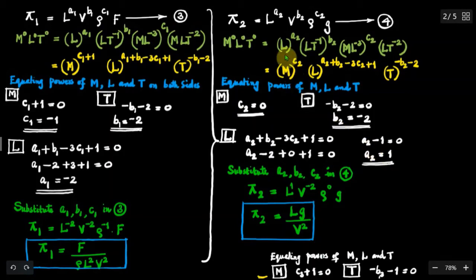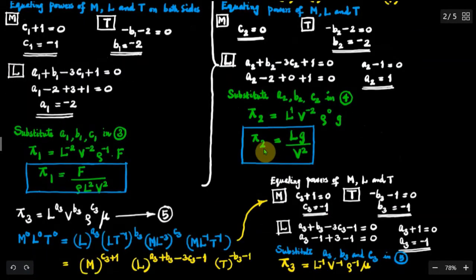So A2 is 1, B2 is minus 2, C2 is equal to 0 after equating the powers of M, L, T on both sides. Once you get this, we can write down the pi term pi2 as L raised to A2, that is L raised to 1, V raised to B2, that is minus 2, rho raised to C2, that is rho raised to 0, into G.